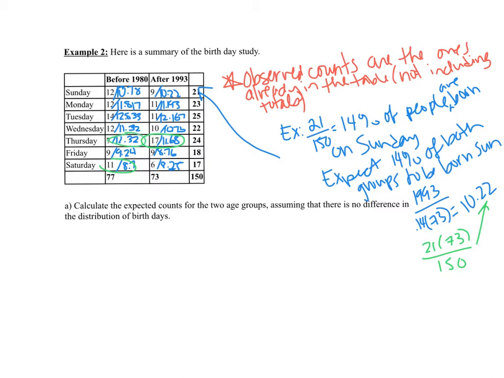You can eyeball those and see how they are different. There's a few other examples, like for example, the Monday, that are actually very close to what we expect. So you're going to find that for some days the observed is what we expect it to be. Other days, you're going to find that the observed is not what we expect it to be. And that's an important thing to notice when you're looking at chi-squared.